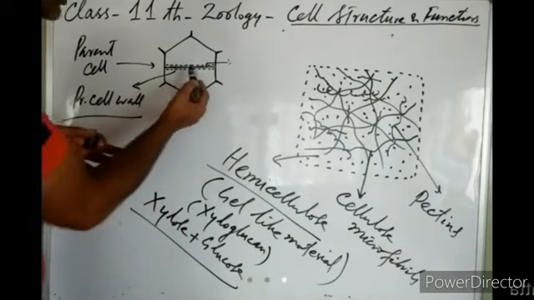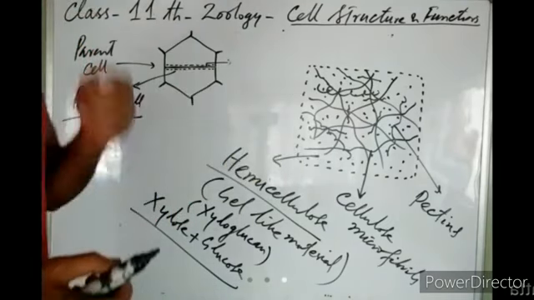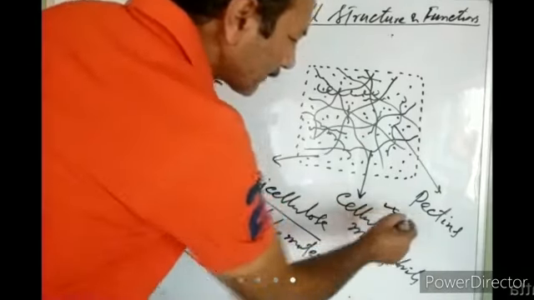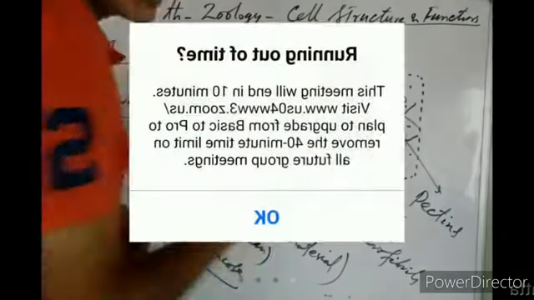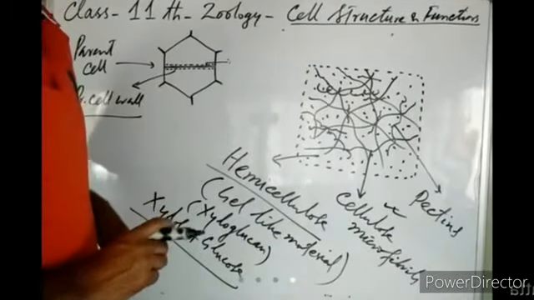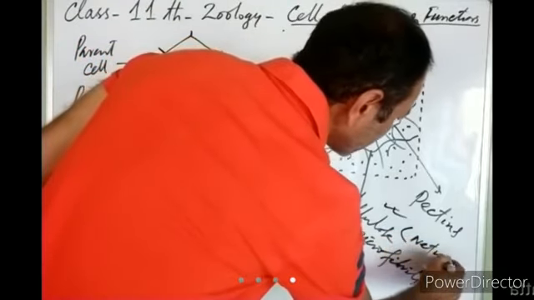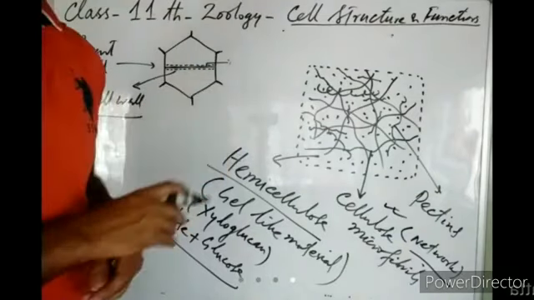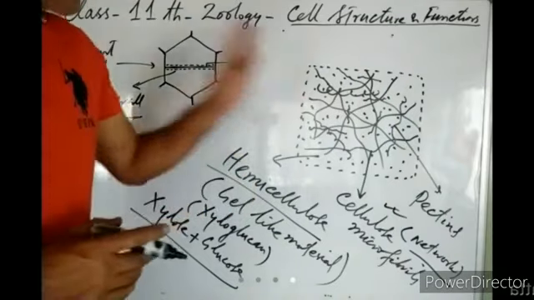So on the two surfaces of this middle lamella, this hemicellulose is secreted. Then in this hemicellulose, cellulose microfibrils are laid in the form of a network. These cellulose microfibrils are laid in different directions, and they form a network.